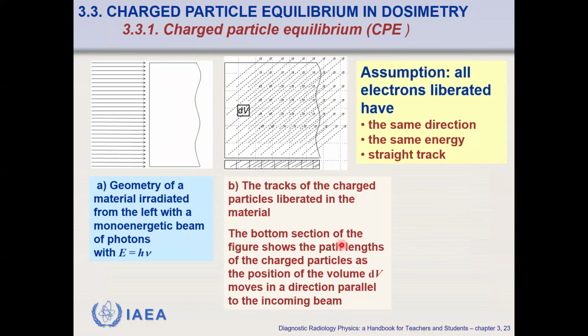So when these ionizing radiations, when these photons interact with the material, they can liberate electrons from atoms. This will create what's called electron tracks.